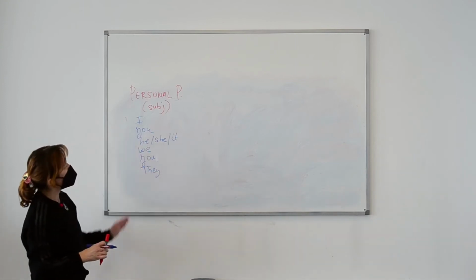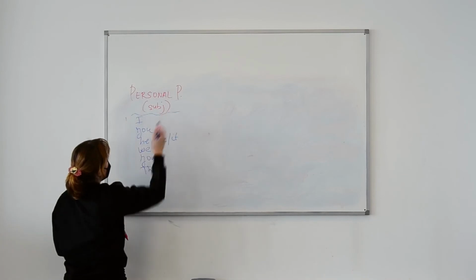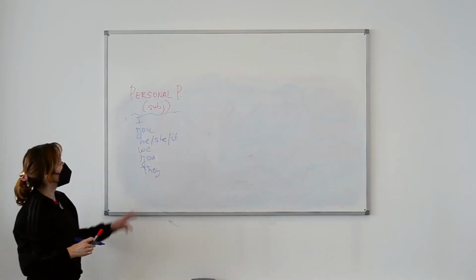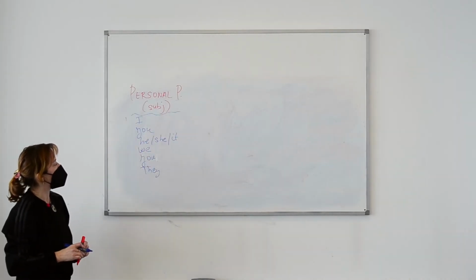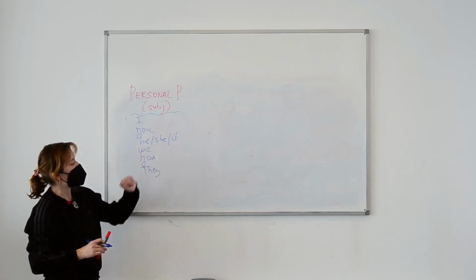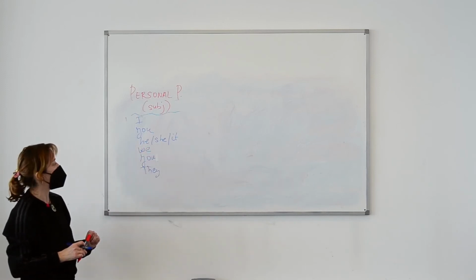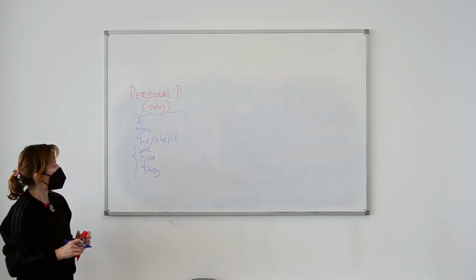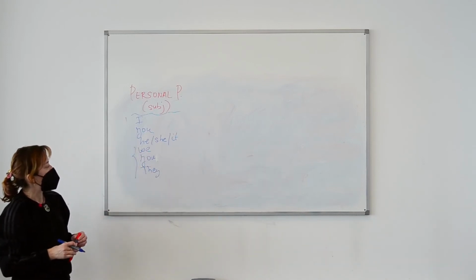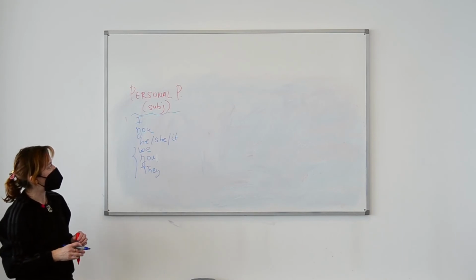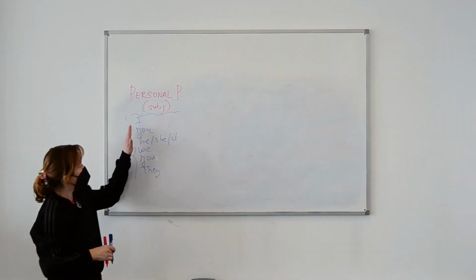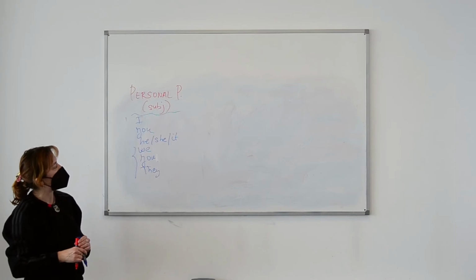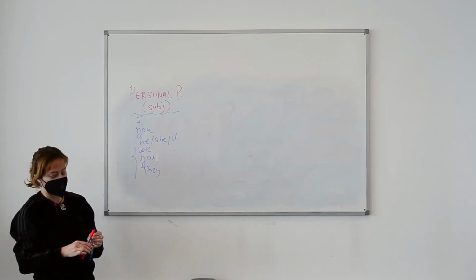These are the most important pronouns of the English language. I refers to the first person singular, you refers to the second person singular, he, she, it, male, female, or things, and the plural forms, we, you, and they.